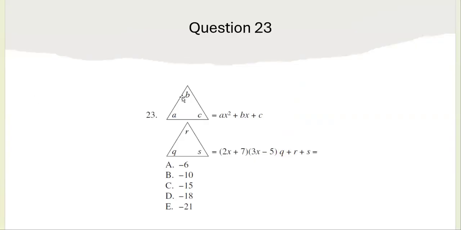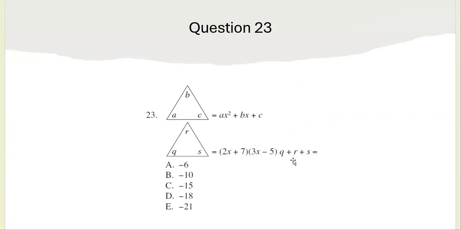Okay, so this one, I'll explain what's happening. You have this thing is ax squared plus bx plus c. You have this thing is 2x plus 7, 3x minus 5. And they're asking you what q plus r plus s is. This is the weird notation that they published.